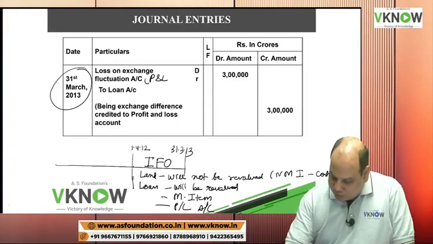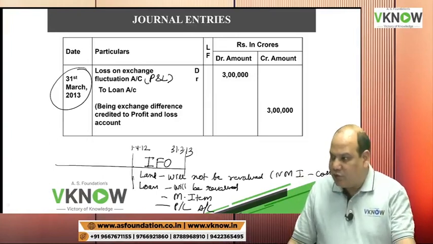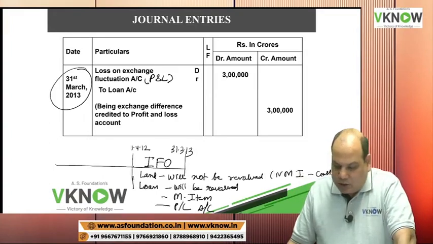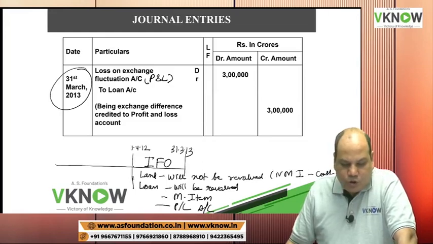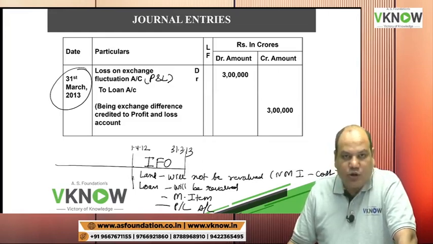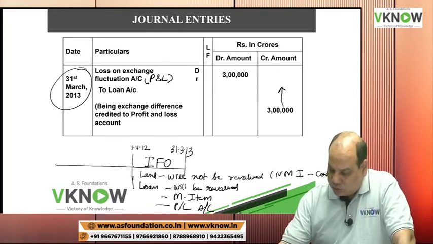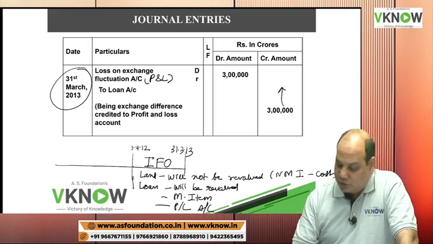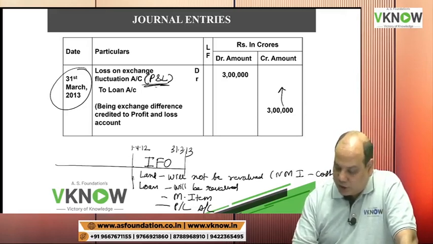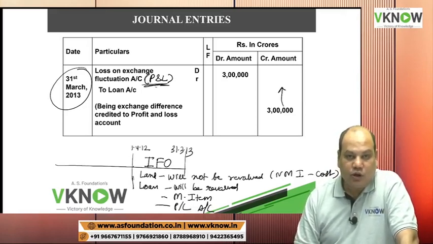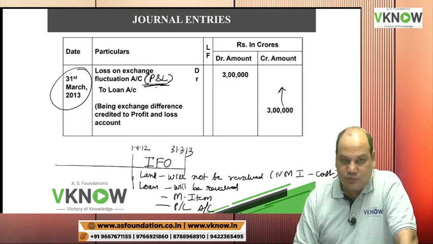Now you will write loss on exchange fluctuation account debit 3 lakh to loan account 3 lakh. This time you write down in bracket here P&L account. Logic, it has become integral operation.